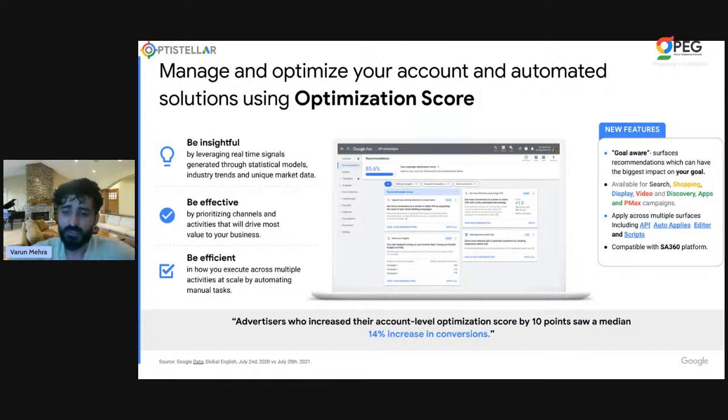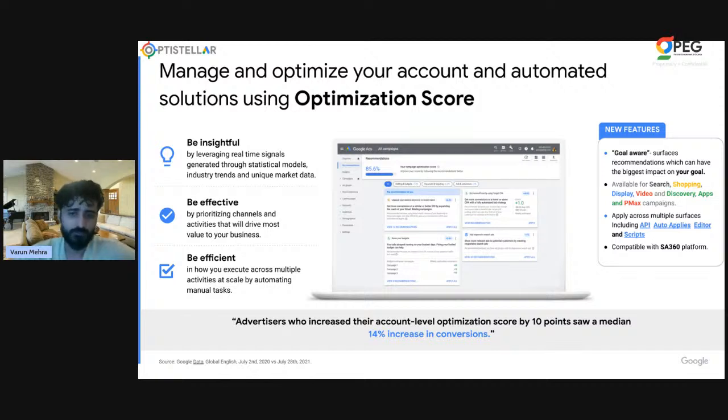And finally, it helps you become more efficient as a marketer, because this page becomes your single source of truth, where you come and understand what's working for your account, what's not working, and what the areas of improvement are that you can make changes to, and get a better performance out of your account.